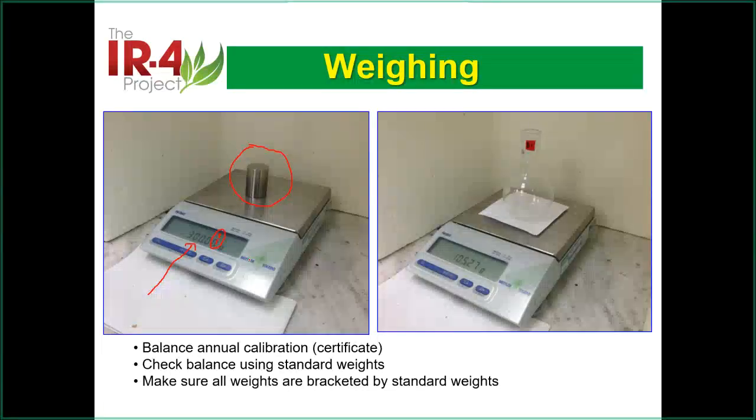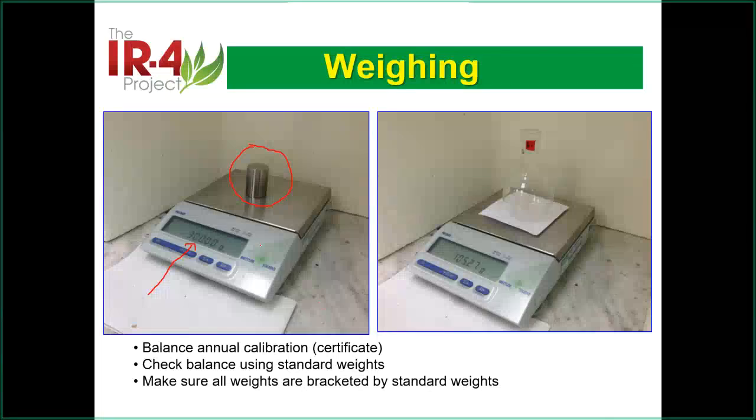It gets fluctuation, getting away from the real number, and in this case, that's okay, as long as it's within your SOP range, typically about 1 over 10,000. That should be okay in the lab for an analytical balance.